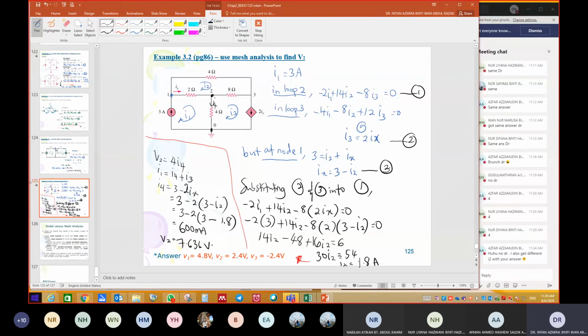Okay, I got the answer. So please recheck your answer. 2.4 volts.